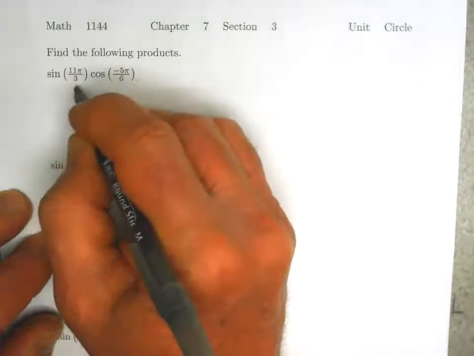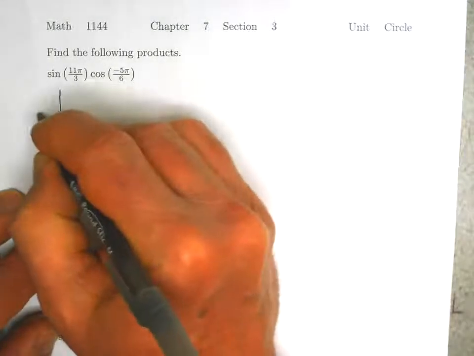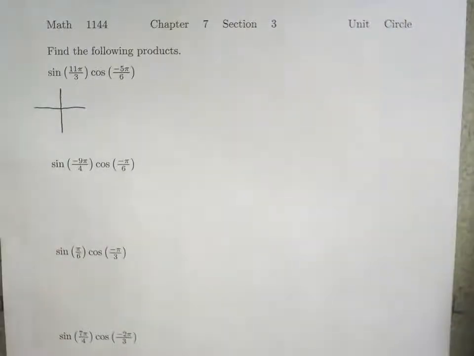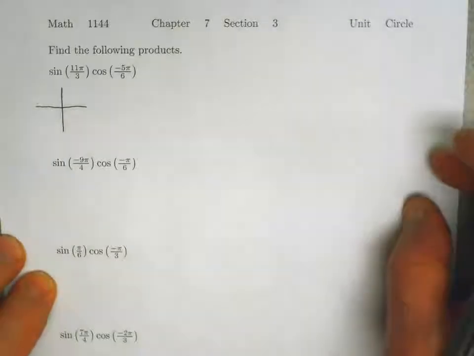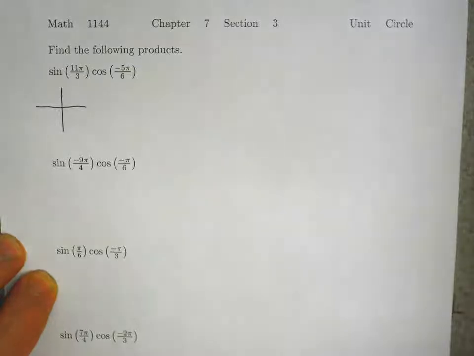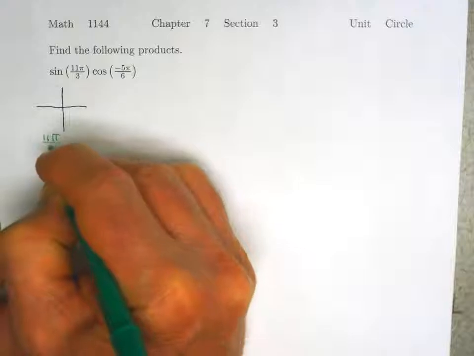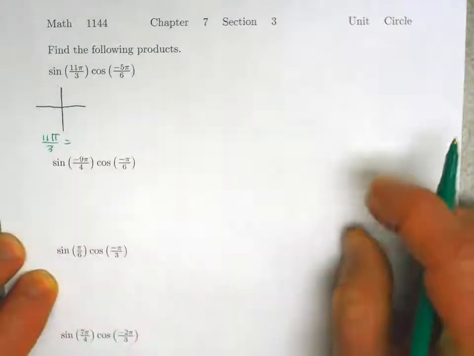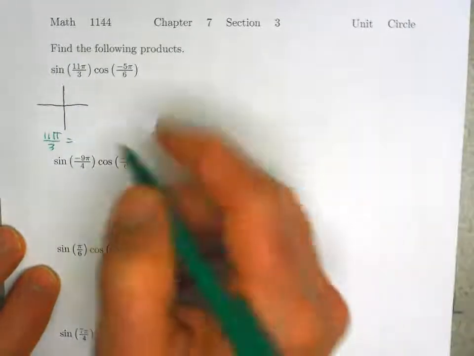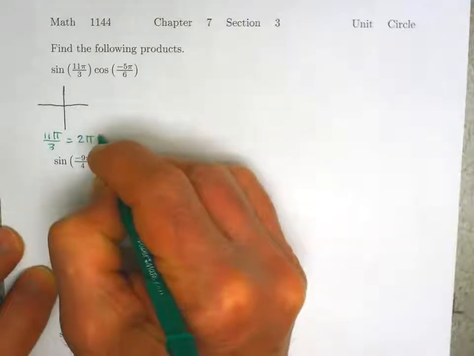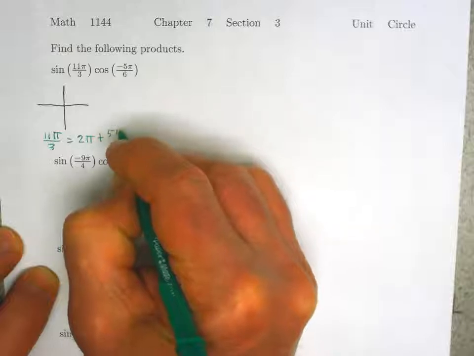So let's first focus on 11 pi over 3. Down here I'll write 11 pi over 3. 6 pi over 3 is 2 pi, so you can think of 11 pi over 3 as 2 pi plus 5 pi over 3.